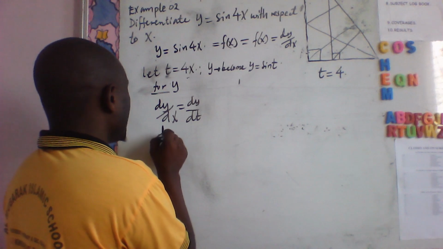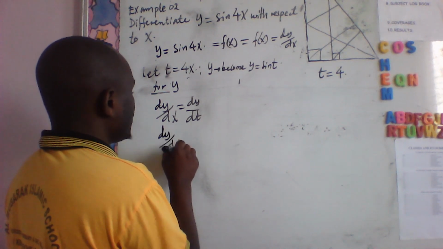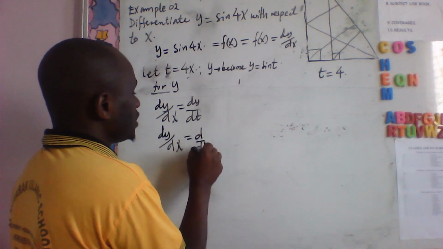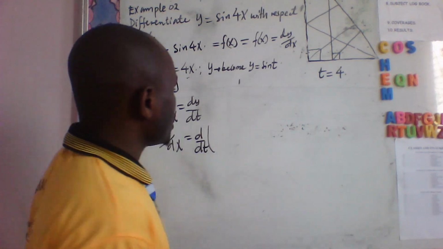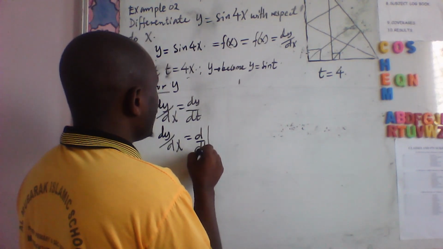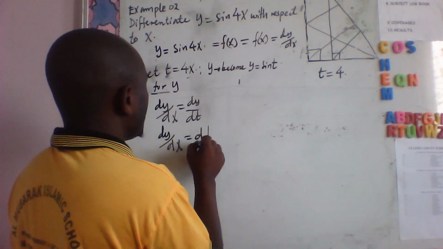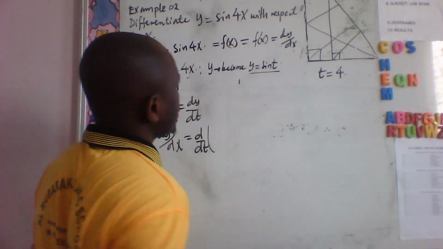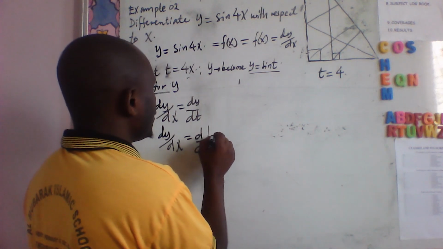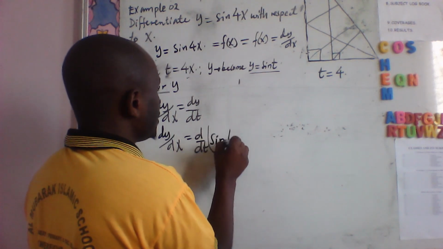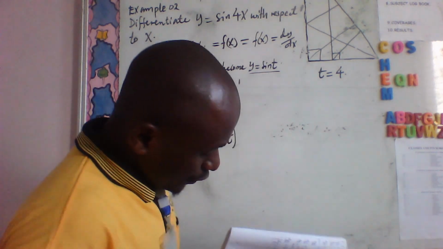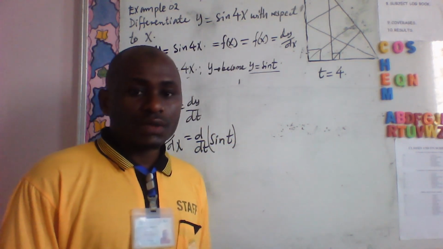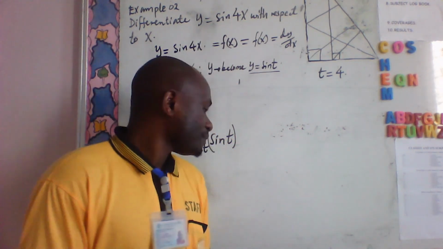So dy over dx is equal to d over dt, we open the bracket. The value of y here is this one. So here we differentiate sin t. You will see how it is.